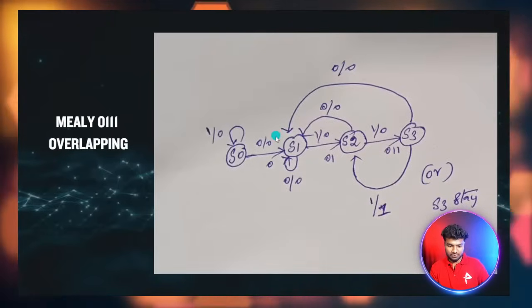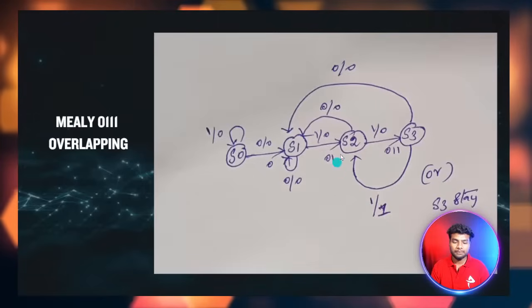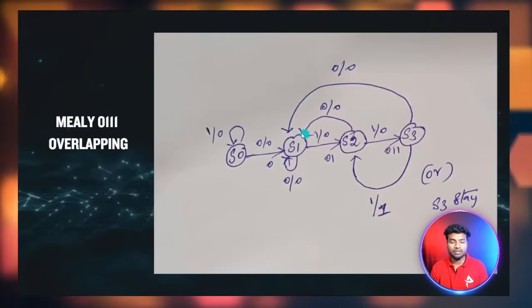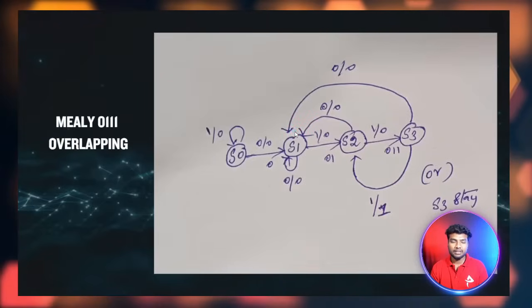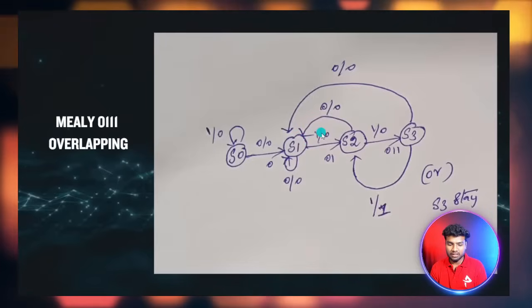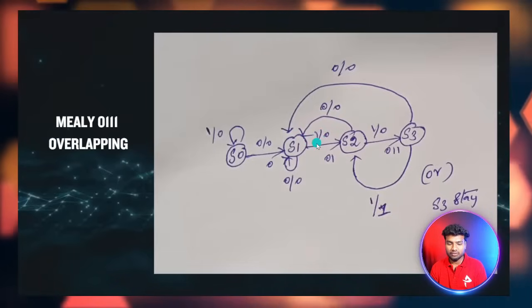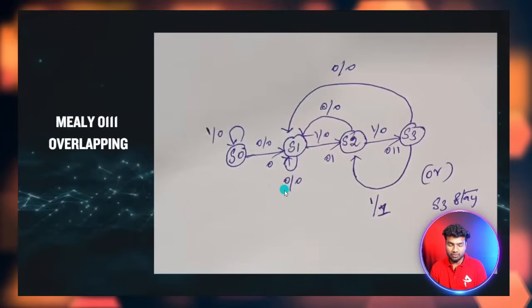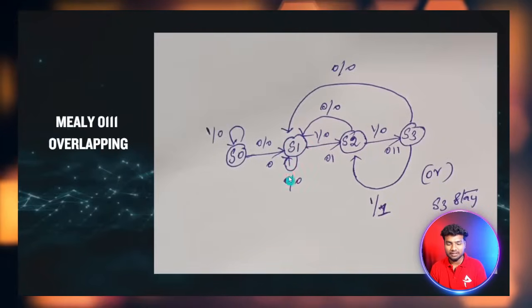Firstly I will clear the Mealy overlapping. In the S1 state, if it receives 1, it will move to the next state. You can see here in the S1 state it receives 1, so it moves into the S2 state. Or else if it receives the 0 input, it stays in the same state. Why?